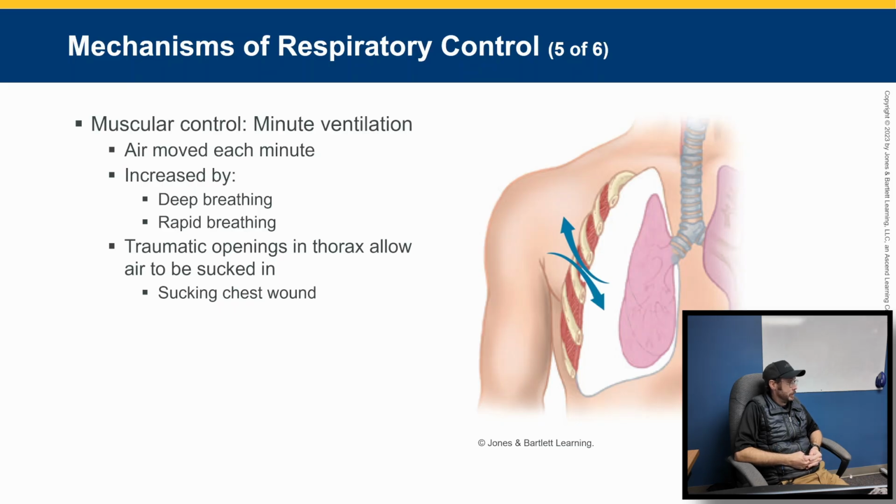Same thing happens if we have a hole in the lung. Okay? So if we have a hole in the lung itself, there's air that gets sucked out of the lung into the thoracic cavity. It doesn't get pushed back through that hole into the lung. It stays trapped in the thoracic cavity.